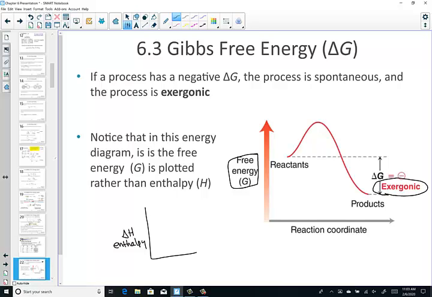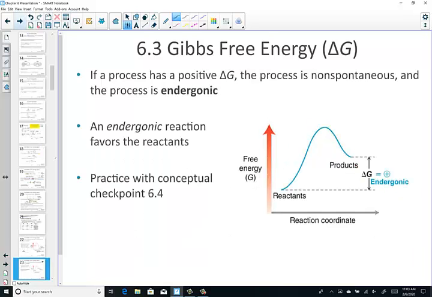It's exergonic if it is a favorable negative delta G. This reaction is a spontaneous reaction with a negative delta G. That is an exergonic reaction. And the opposite of that would be an endergonic reaction, where we have a positive delta G. And so in the forward direction, this would be a non-spontaneous reaction.